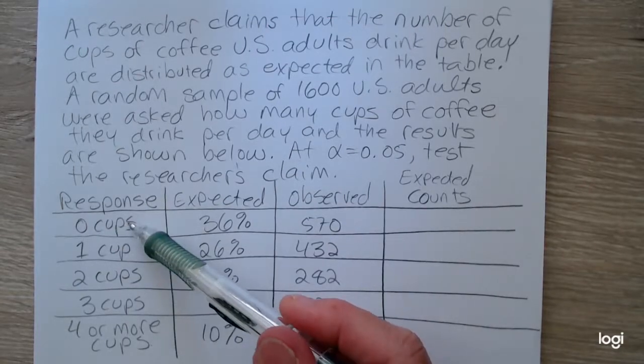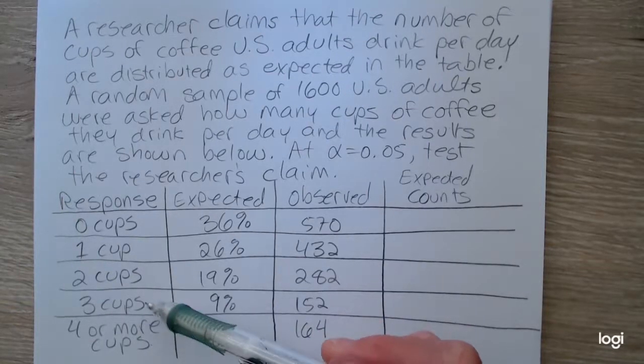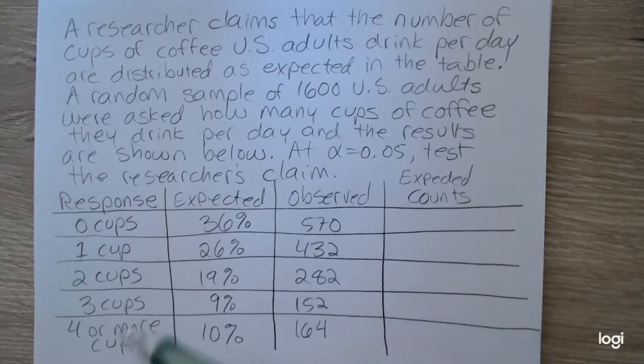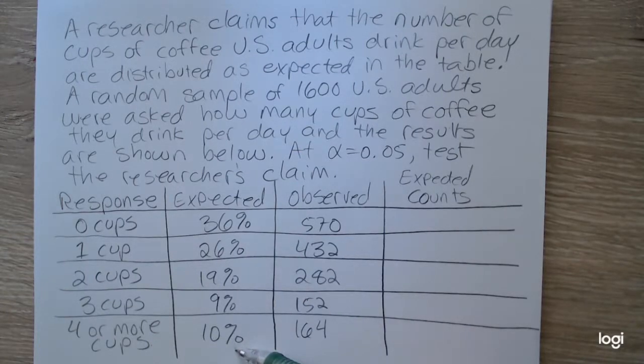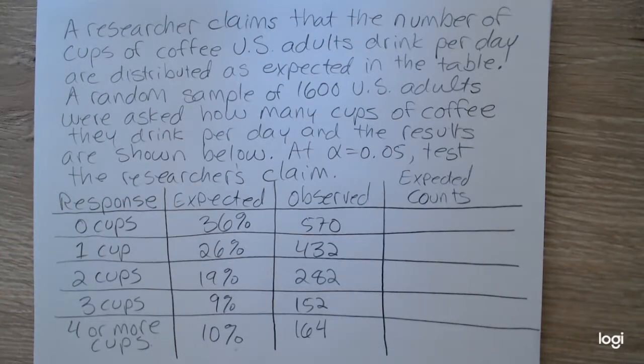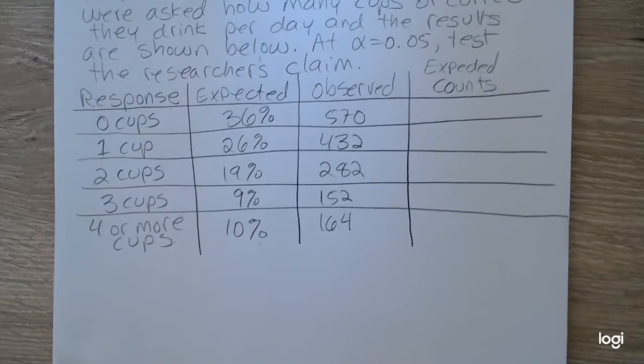So here are the categories: 0 cups, 1 cup, 2 cups, 3 cups, 4 or more. Here's the researcher's expected distribution, and here are the observed counts from the sample of 1,600. Now, the first thing to do is to set up the null and the alternative.